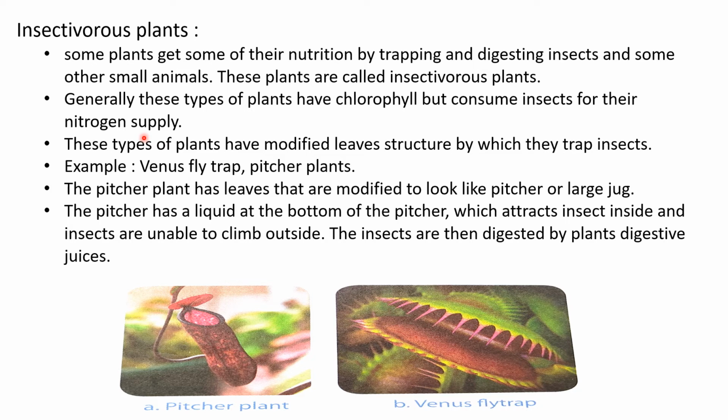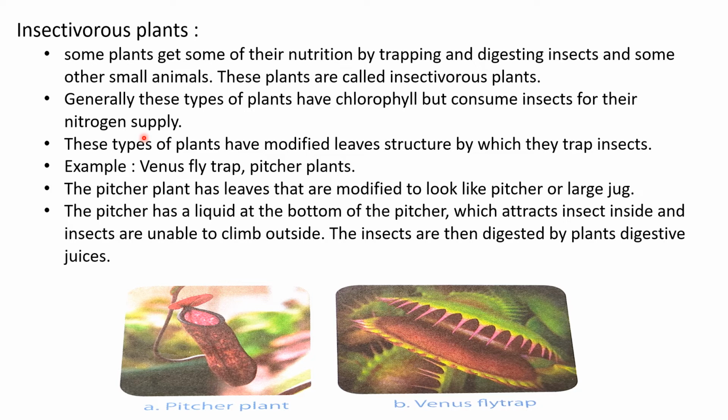But it is not possible to absorb nitrogen directly from the environment. So for that reason, some plants modified their leaves in such a way that an insect will come and sit, and they will trap it and absorb it.